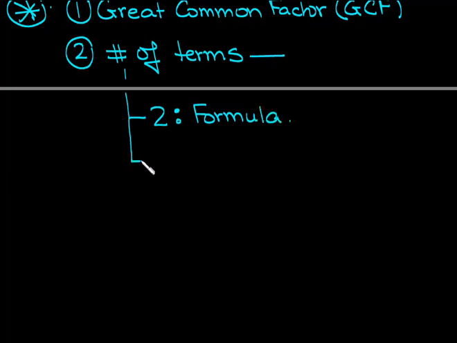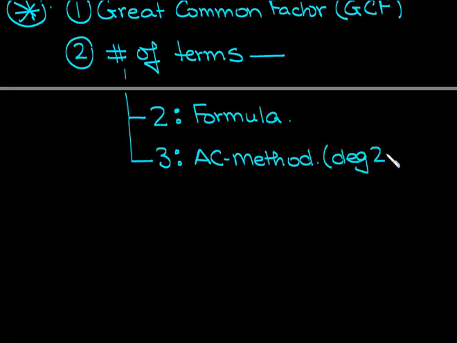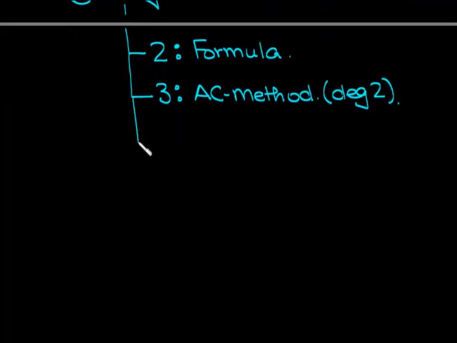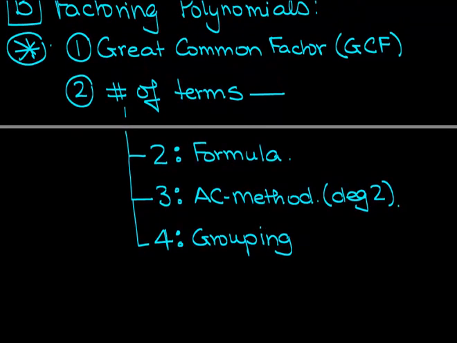On the other hand, if a polynomial has 3 terms, then we're going to use the AC method. And I do want to mention this, we're talking about 3 terms, and we're also talking about degree 2. And we'll talk more about each one. And then the last thing is, if the polynomial has 4 terms, we use the method of grouping. So these are the steps you're going to perform anytime you're doing factoring. So please remember these steps. They're going to be very useful to you in the long run.